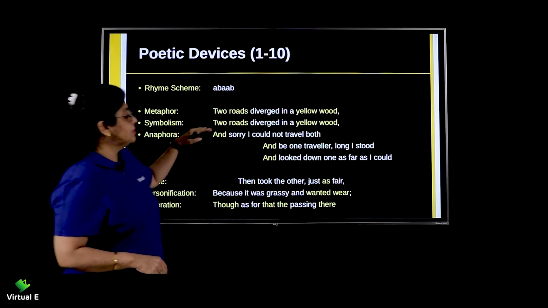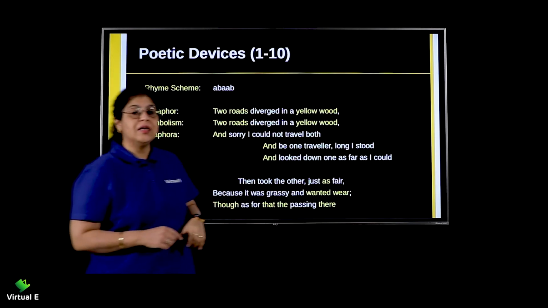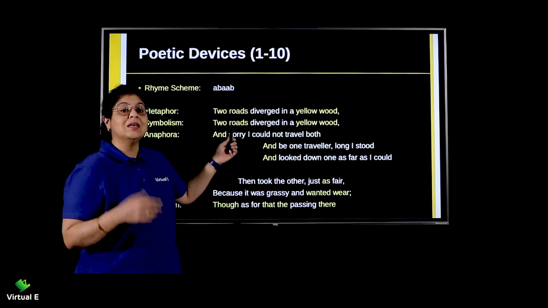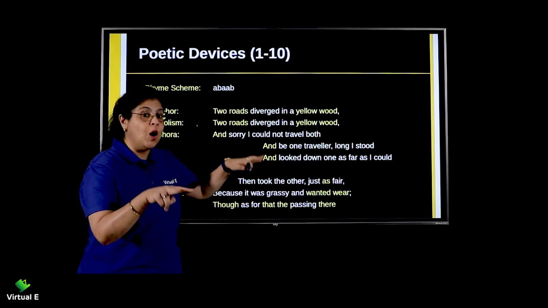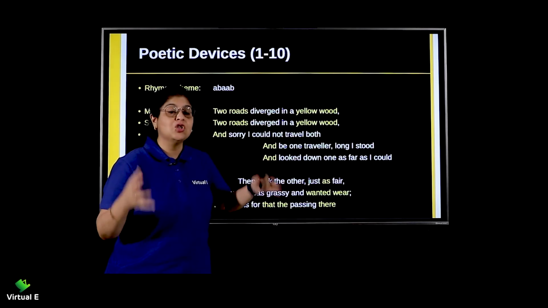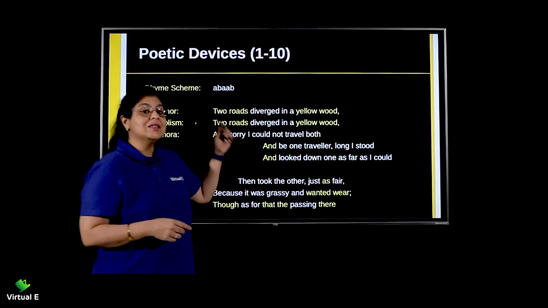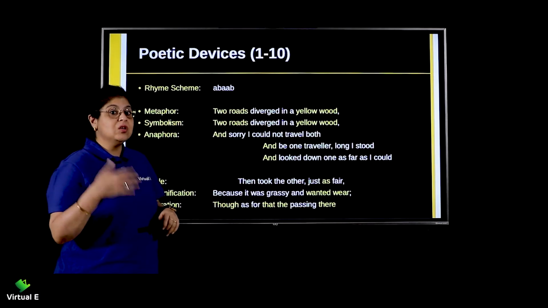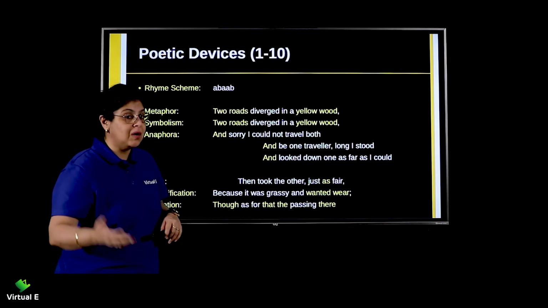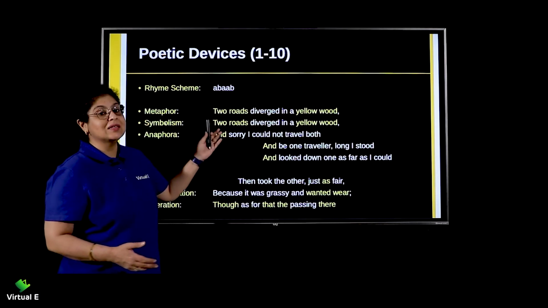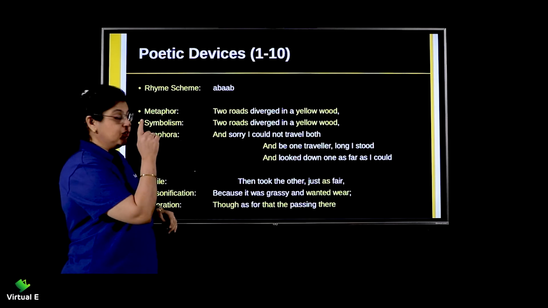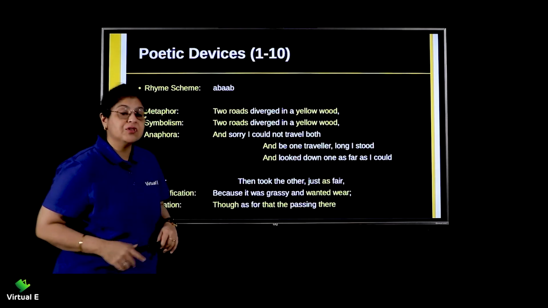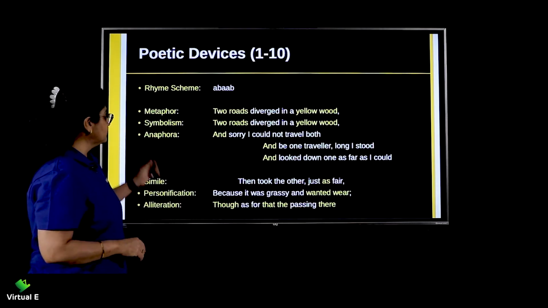Talk of symbolism. Two roads diverged in a yellow wood. Now this is symbolizing your decisions, your two options. And the yellow wood is talking about your life. It is symbolizing. Yeah, we said an abstract idea, or people, or marks, or locations. This is exactly what we spoke of. If you still get confused, please refer to the definitions in the previous slide.